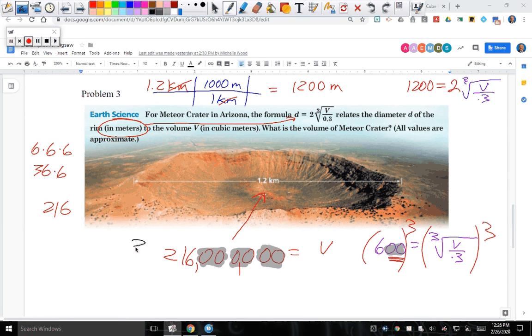So if I multiply the sides by 3/10, this 10 can cancel with one of these zeros. And now I'm just going to multiply it by 3. So I have 64,800,000 cubic meters.